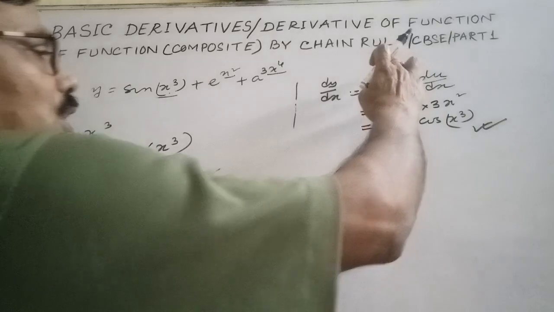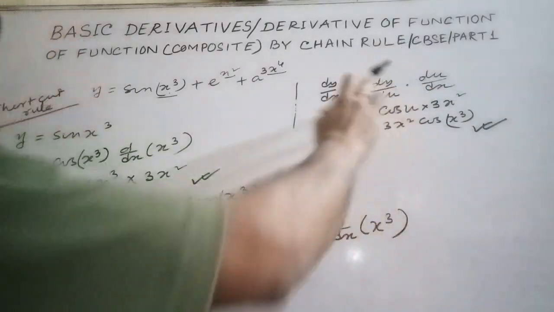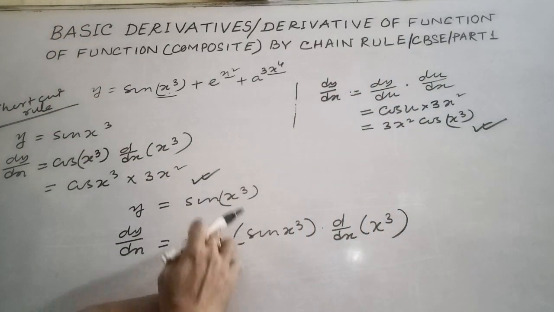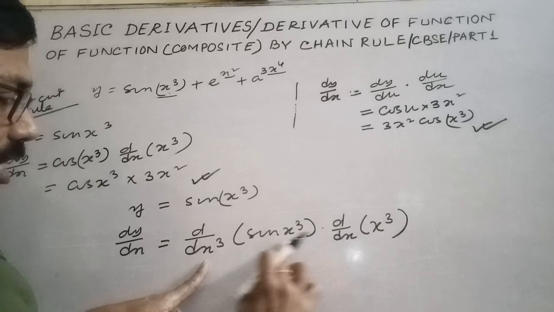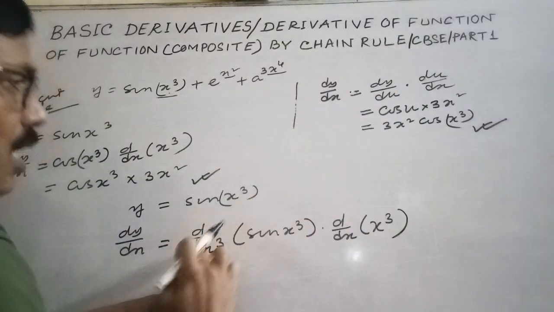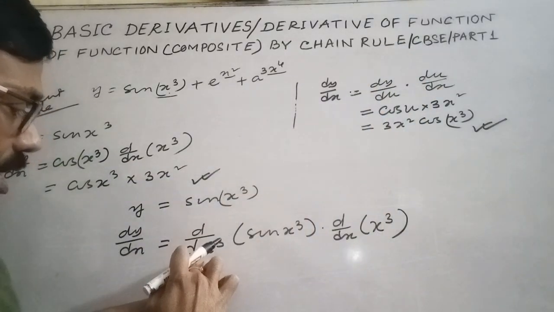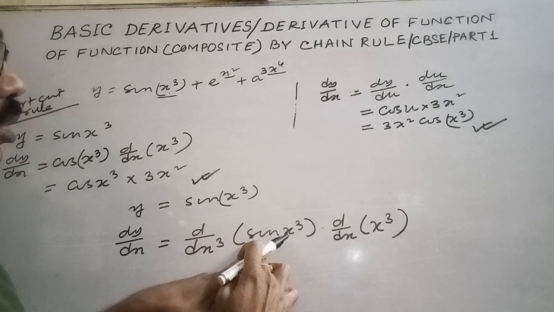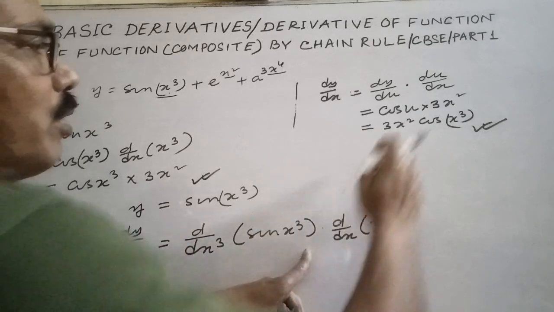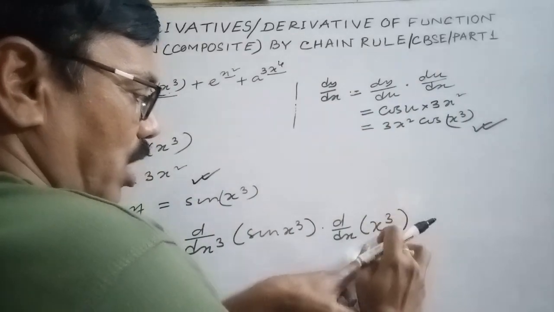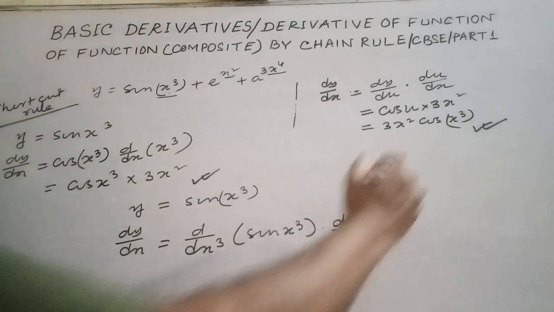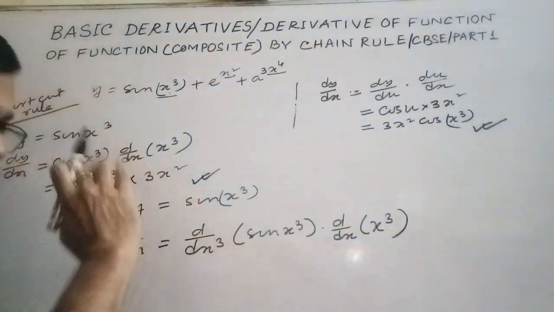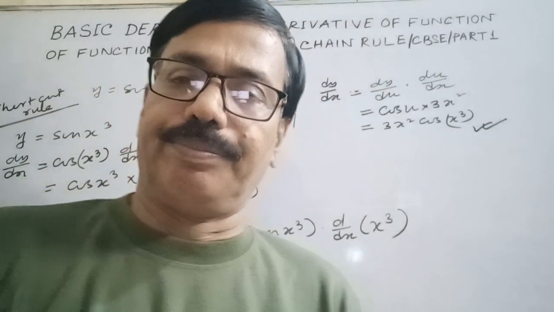Because look, dy by du, what is u? u is x cube. y is sine x cube. So d by du of sin u is cos x cube, into d dx of u, that is x cube. So actually it is the chain rule without taking any transformation.